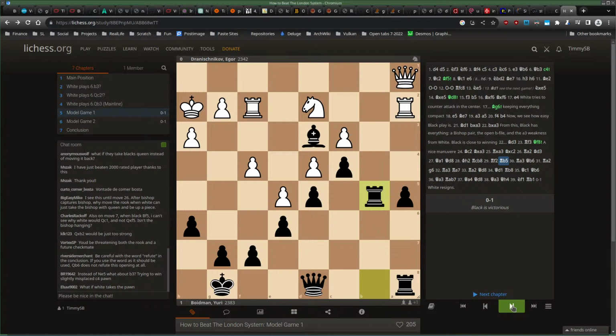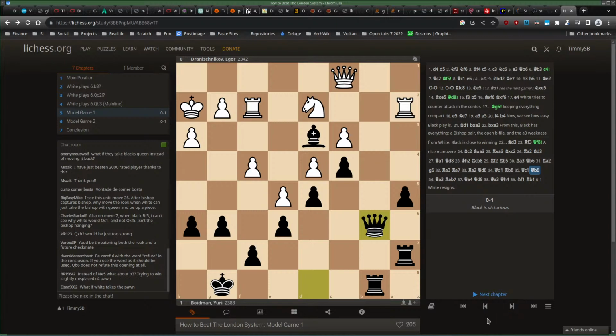Sorry, yeah, in front of the queen, I mean. So now the queen is behind the rook. And then he goes back and now puts the queen in front. So why can't you do that immediately?